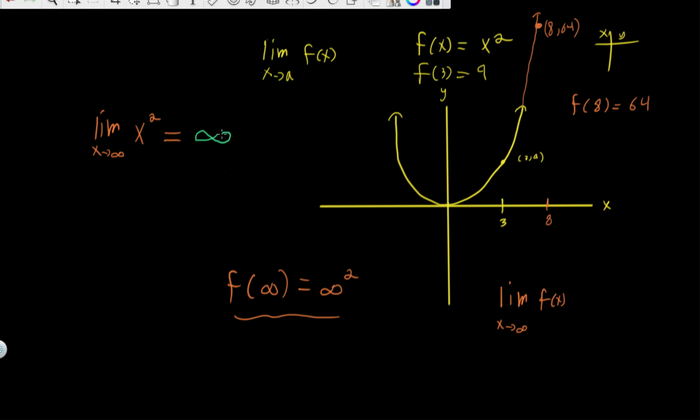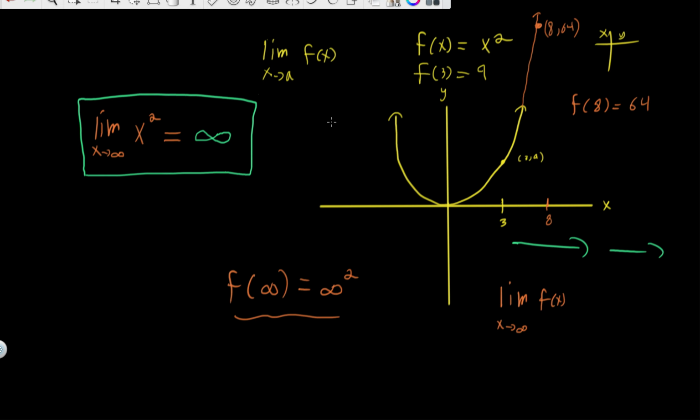And the reason for that is we're just seeing what happens to the y-coordinate of f of x as x does something, and in this case, the something is as x goes to infinity. As we plug in bigger and bigger numbers, and we go this way, it's clear that the y approaches infinity as well. So the limit as x goes to infinity of x squared is infinity.